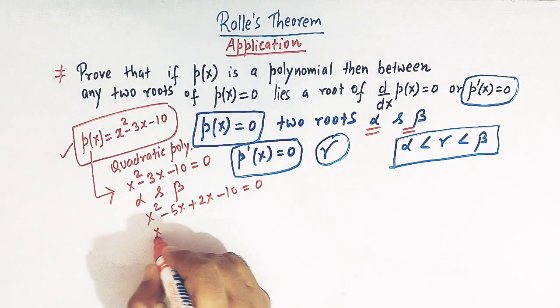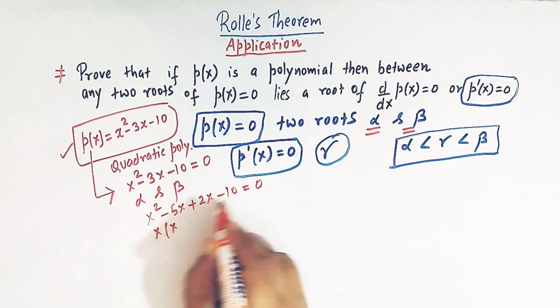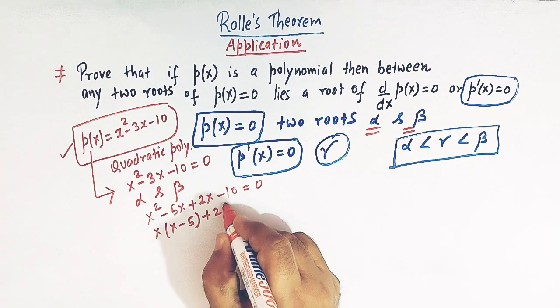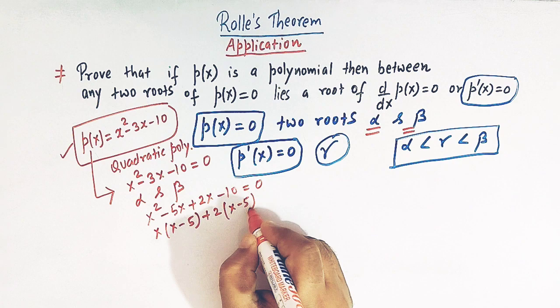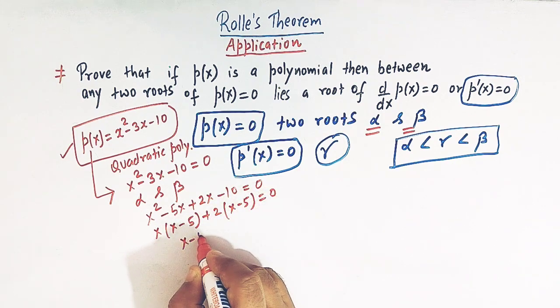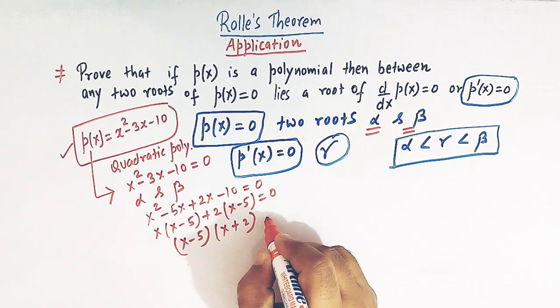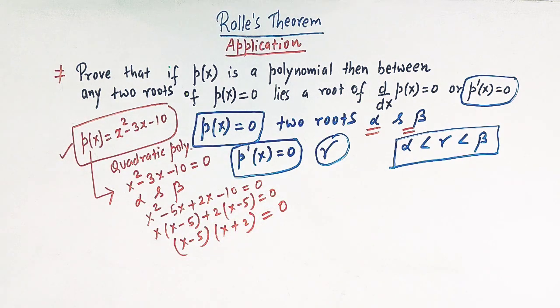So we can now write this as x into x minus 5, then we have 2 common, so plus 2 into x minus 5, that is x minus 5 times x plus 2 is equal to 0, right?